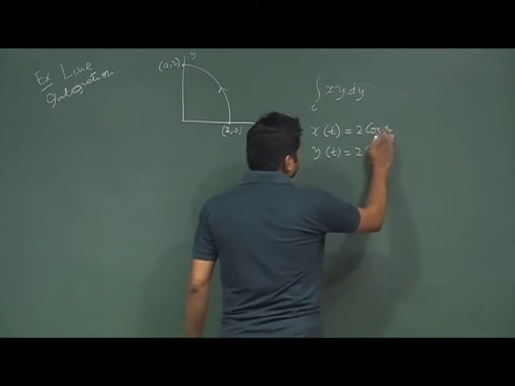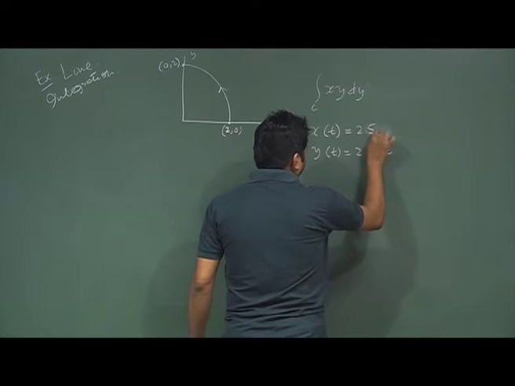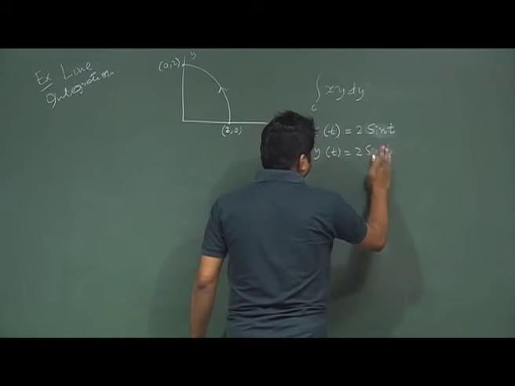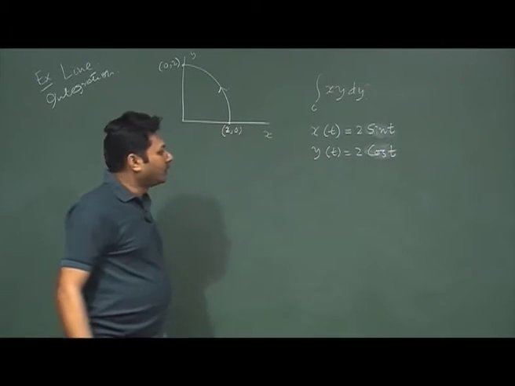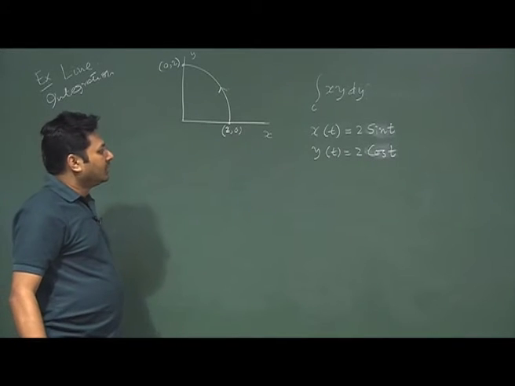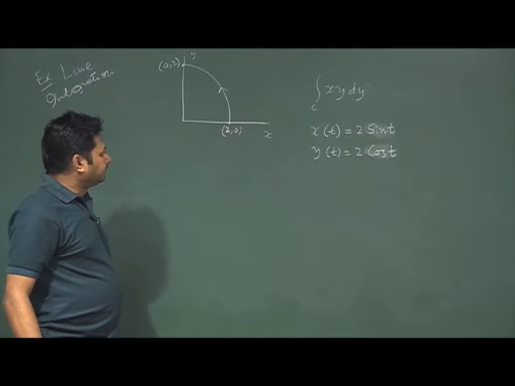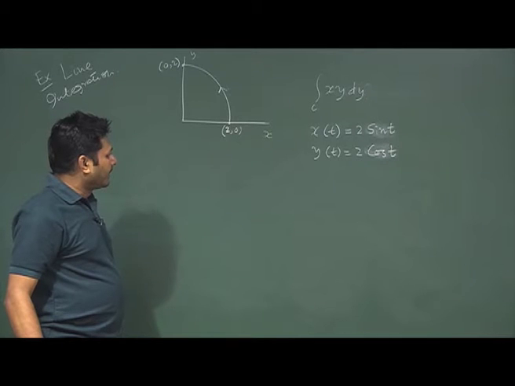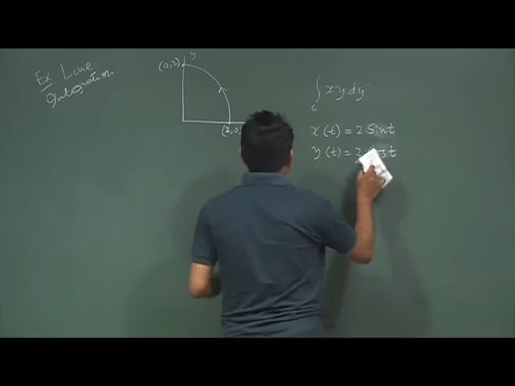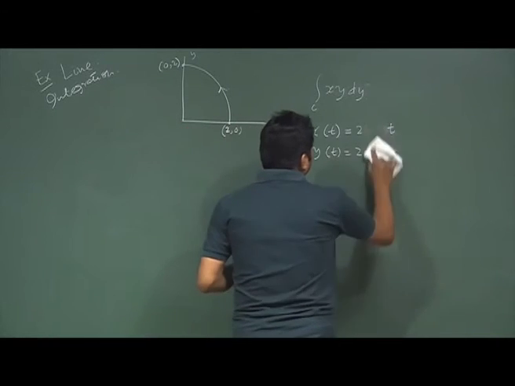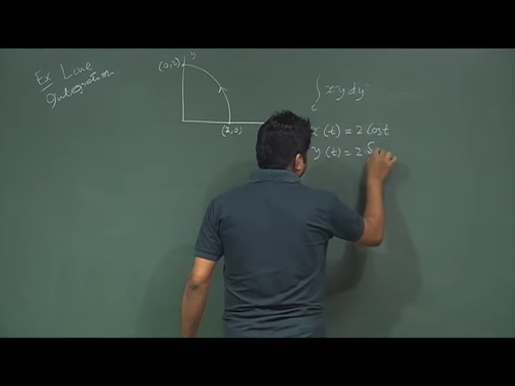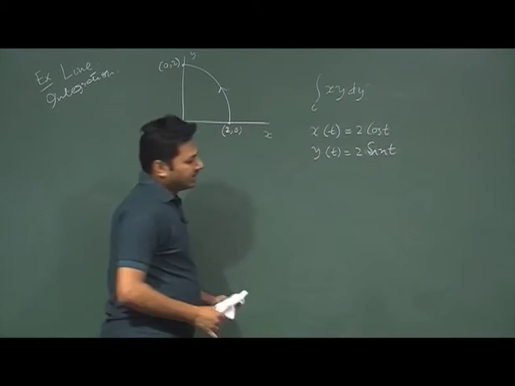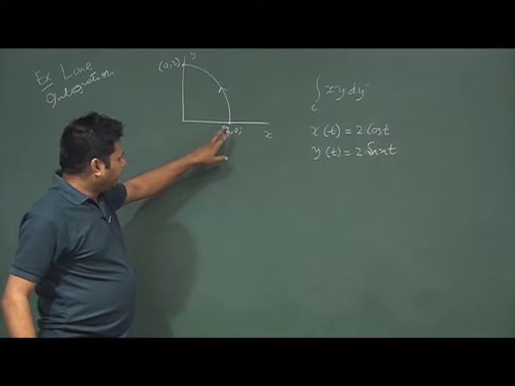Let me change it to sin t and cos t. You can do that with cos t and sin t, no problem with that, but your limit will change. No, it was initially correct, because when my theta is 0, cos t sin t is fine.